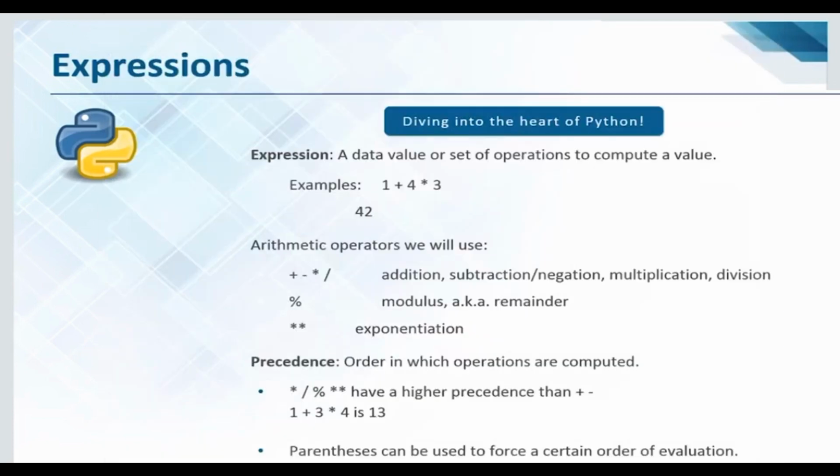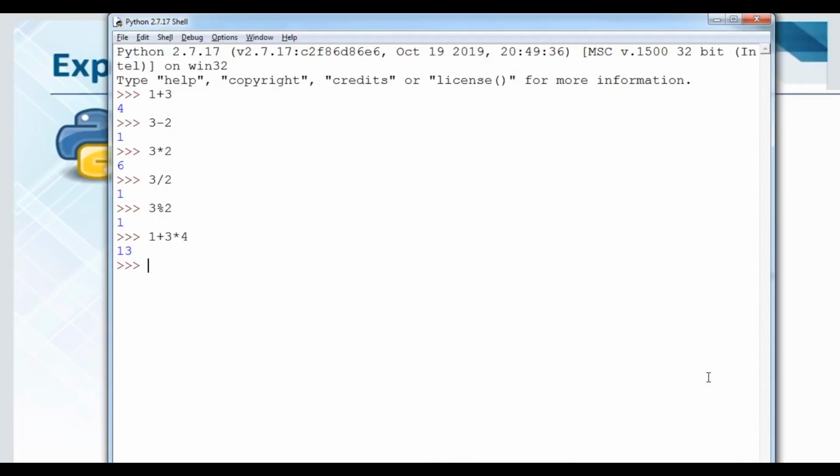So here in mathematics we have learned about the BODMAS rule. According to the same, here it is also going forward. So you can see that star, divide, modulus, exponent, meaning double star, have higher precedence as compared to plus and minus. So that's why it will be 13. Now parenthesis can be used for a certain order of evaluation.